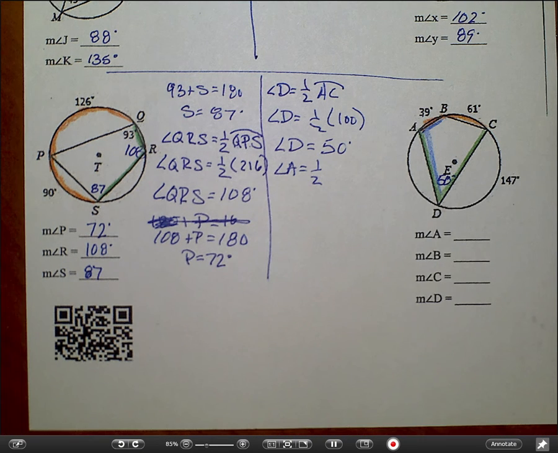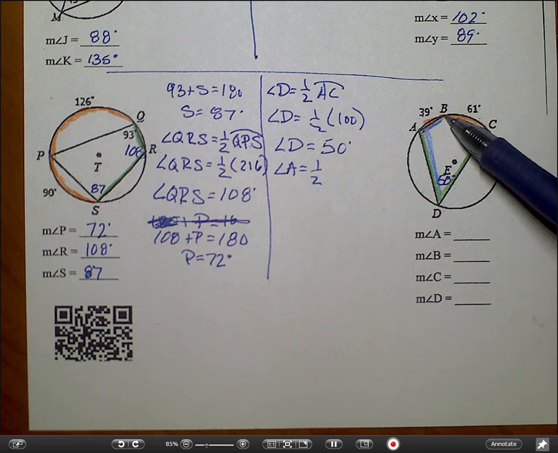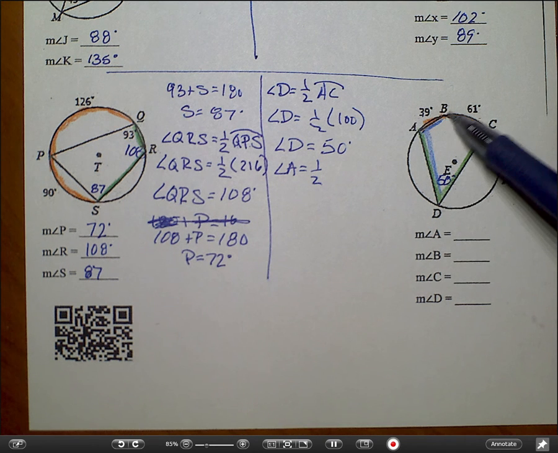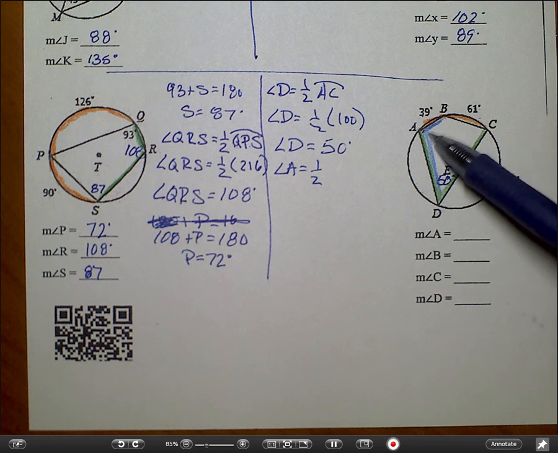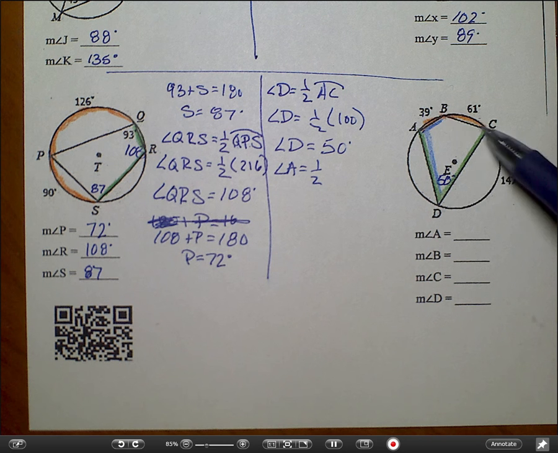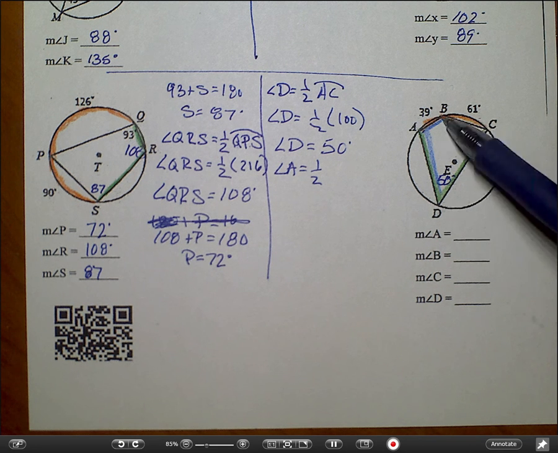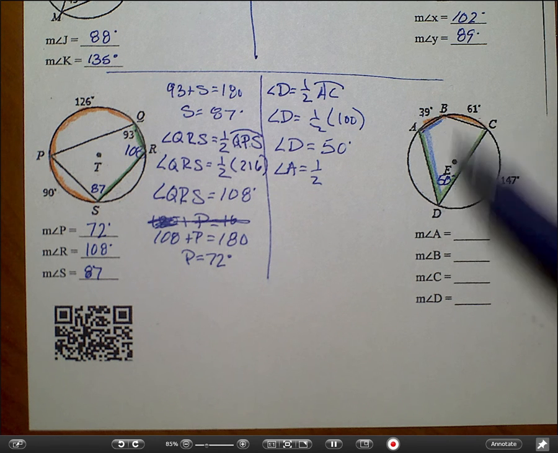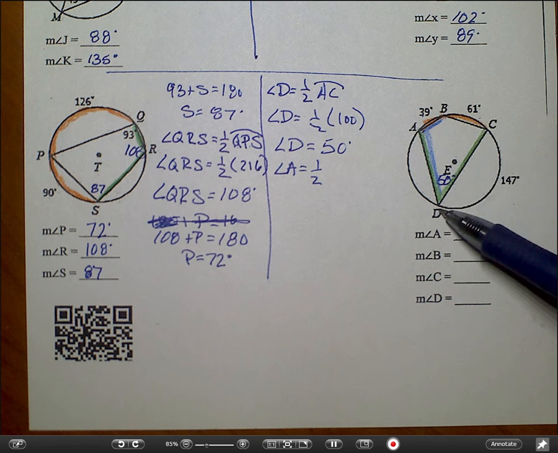What is my arc going to be? I'm going this way, right? I did it in blue. So it's an endpoint here and an endpoint here. So it'd be arc B, C, D. So it's the arc all the way around because that's an endpoint there and there. Those are my endpoints, right? The one in blue.